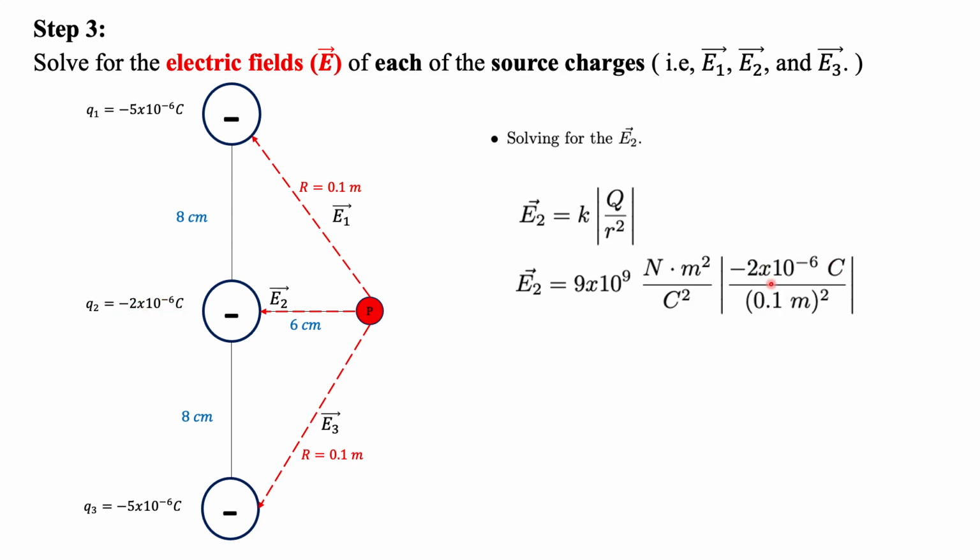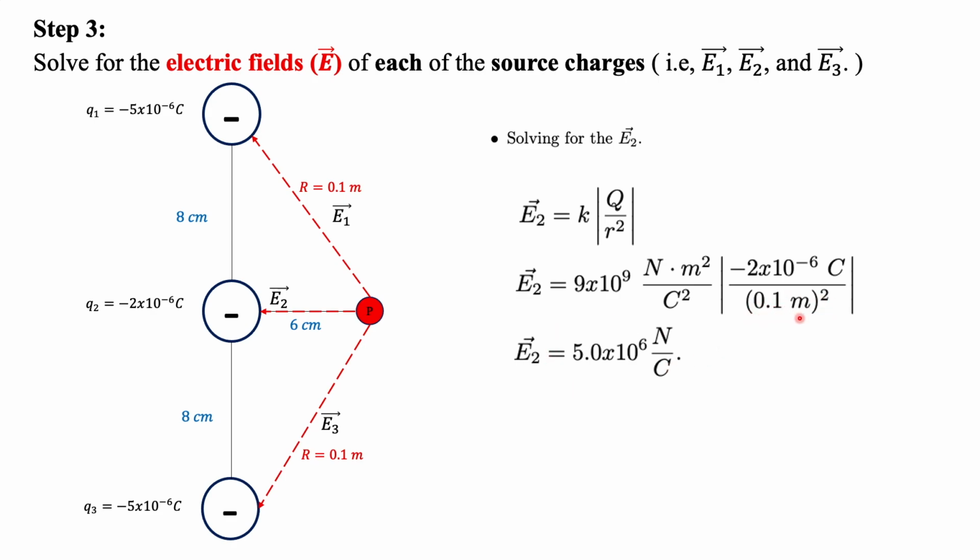The separation distance, actually, I mistyped this one. Sorry for this. The separation distance in this case is 6 centimeters, or that's 0.06. So kindly note that this is 0.06. And then when you calculate that one, you end up with 5 times 10 to the 6 newtons per coulomb. So this is the correct figure. However, I just mistyped this value over here.